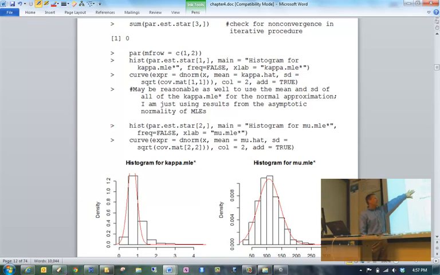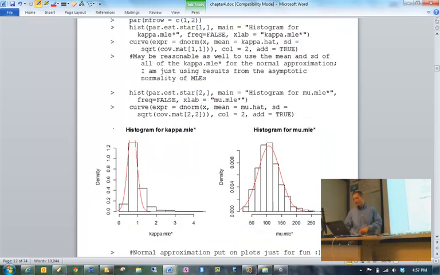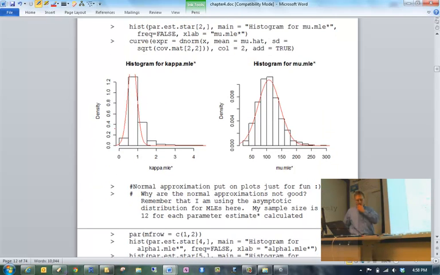Okay, so let's look at a histogram of our parameter estimates, the kappa hat stars and the mu hat stars. I'm also going to throw on top the asymptotic normal distribution so we can see what it would look like. This is what we get. Well, if you didn't look at this, here I would ask you, why do you think normality's not working here?